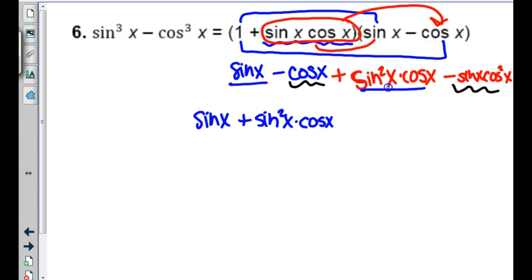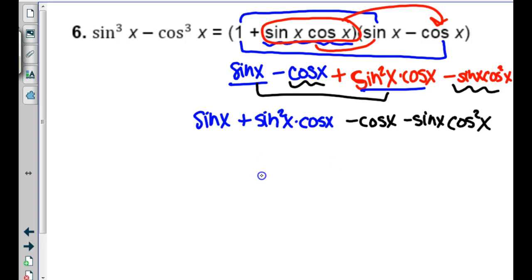Okay, so I'm doing the first, and I just put these two together, and now I'm going to put these two in order. A minus cosine x minus sine x cosine squared of x. Okay, here's my idea. Not such a good idea. All right, I'm changing this.